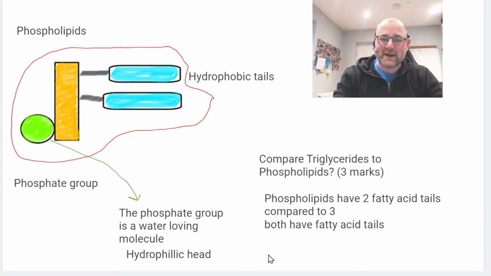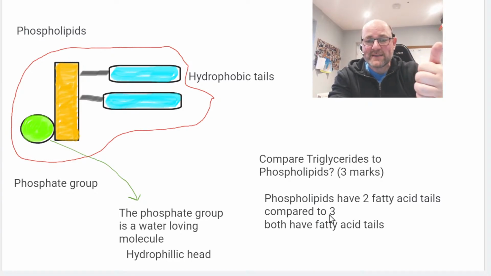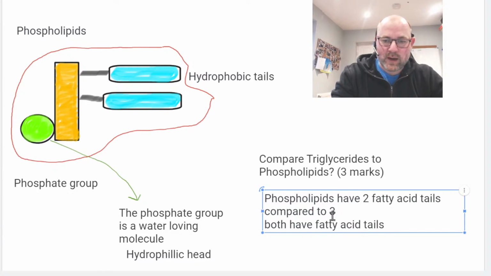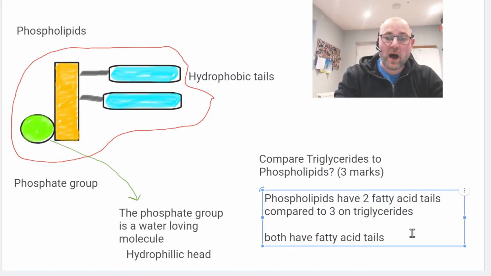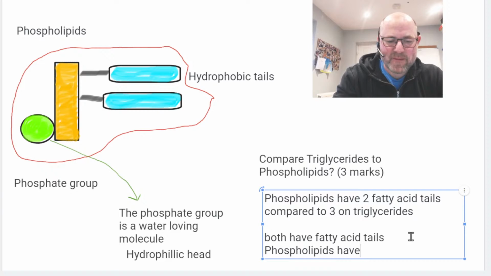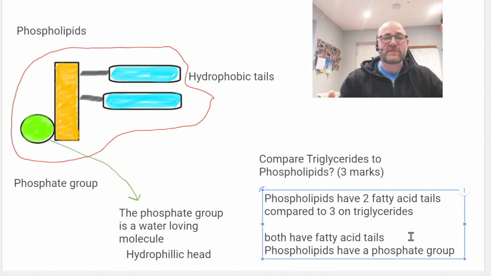So if we were comparing them, we'd say phospholipids have 2 fatty acid tails compared to 3 on triglycerides. But then we could also say both have fatty acid tails. That's a similarity. However, phospholipids have a phosphate group. So that's a difference.